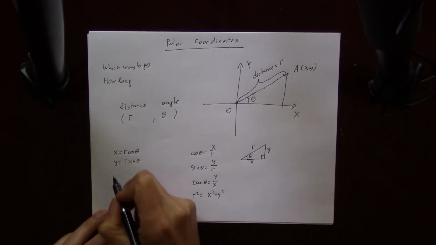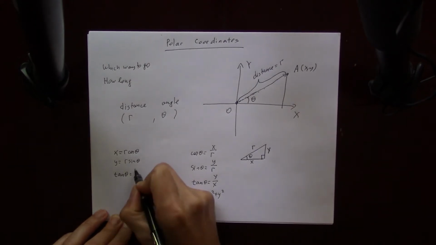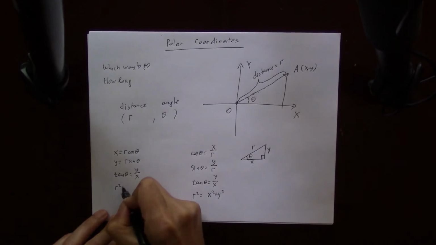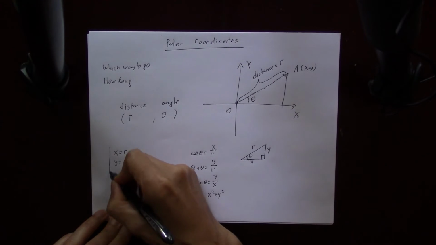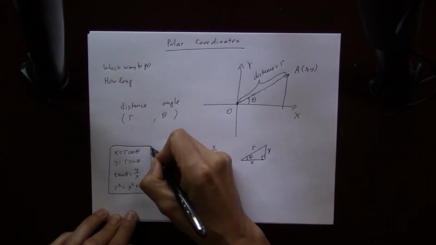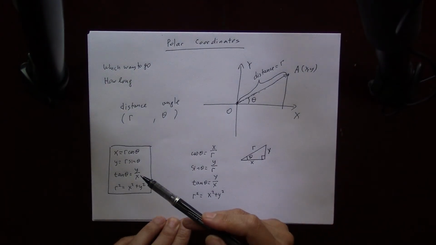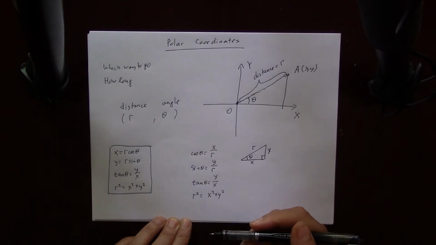And we copy two more. How to find the angle: tangent theta equals y over x, and r squared equals x squared plus y squared. Those are our main four equations which relate polar coordinates r and theta with rectangular coordinates x and y of a point.